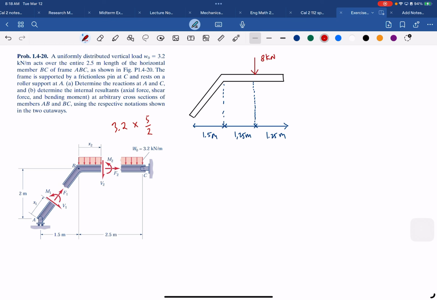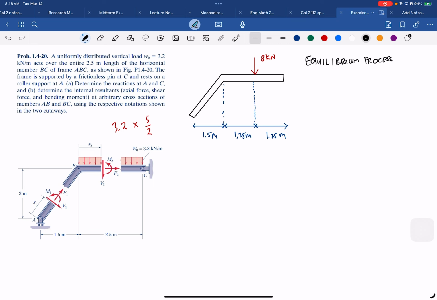So these are the steps for drawing this free body diagram and then calculating the equilibrium. We are going to take all the external forces and reaction forces and then make equilibrium.